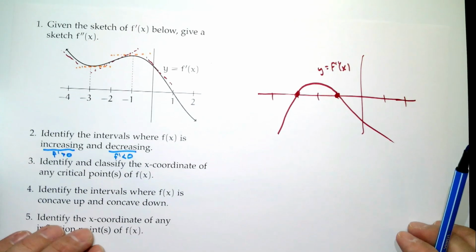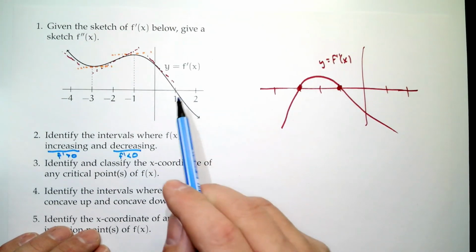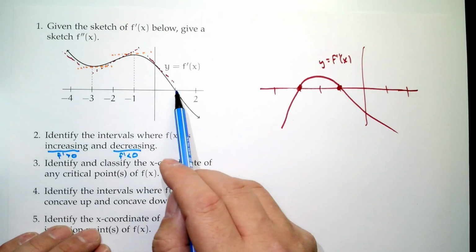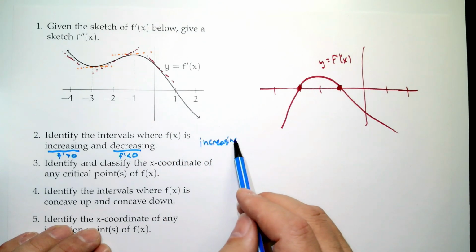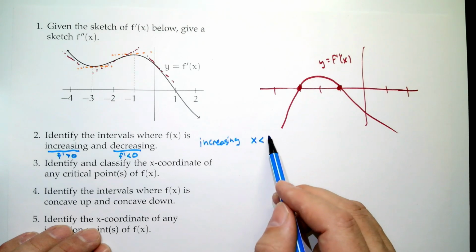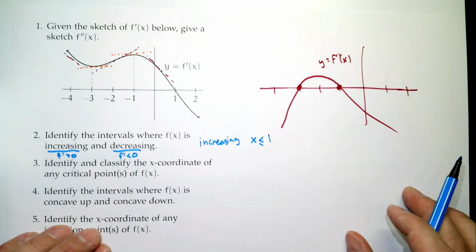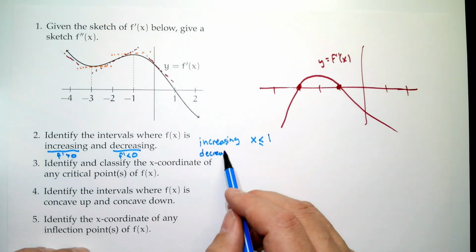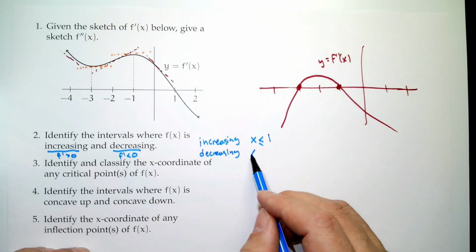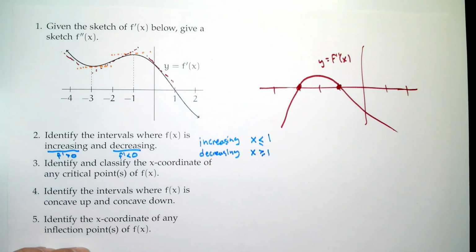So the answer, when is f prime positive? Well, up to 1. So I'm increasing for x less than 1. Or I like to say x less than or equal to 1. And then we're decreasing, that would be where we're negative, if we're greater than or equal to 1. Okay, so that's part 2.